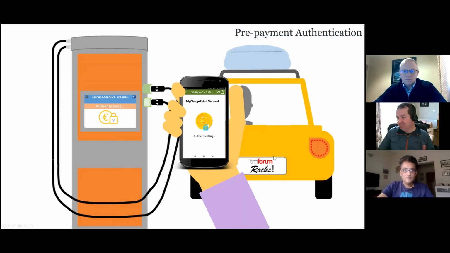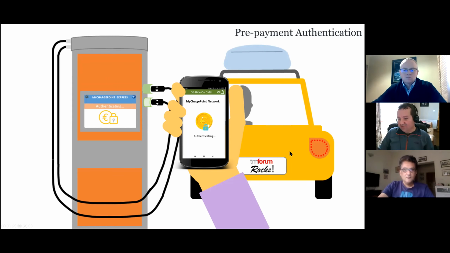If you can't make that prepayment authentication, you literally cannot recharge your car. So it's quite fundamental to the business process. So that was part of what the Catalyst tried to focus on from a telco perspective, to provide business continuity in as many scenarios as possible for that.